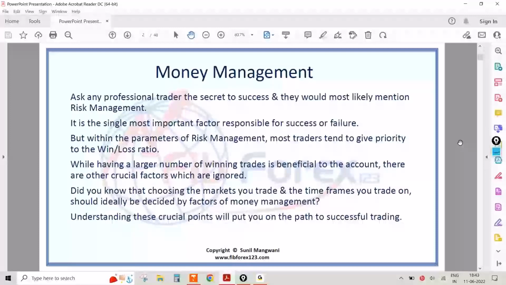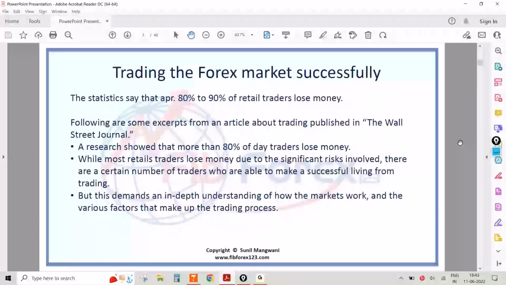And depending on the time that I want to give to the markets, I decide that I want to trade on this time frame. But ideally, these risk management policies that we'll go over should decide what instrument you should be trading and what time frame you should be trading. A very, very important part of what you're doing.